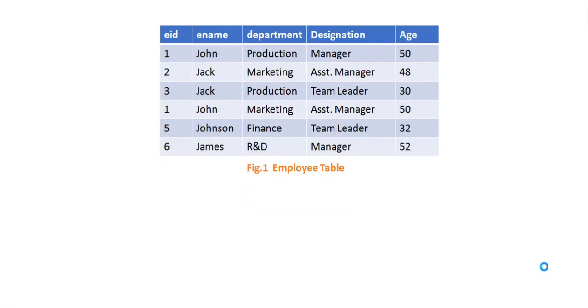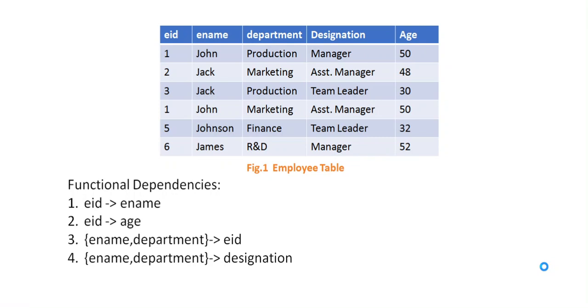Now let's take another example, the employee table. Here we have 5 attributes: employee ID, name, department, designation and age. See what the functional dependencies are. The first functional dependency is employee ID determines employee name. For employee ID 1, the employee name is John.